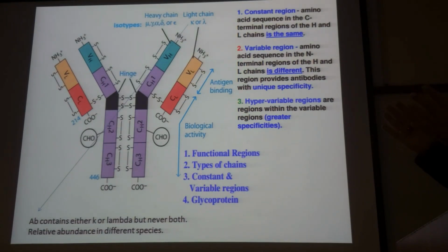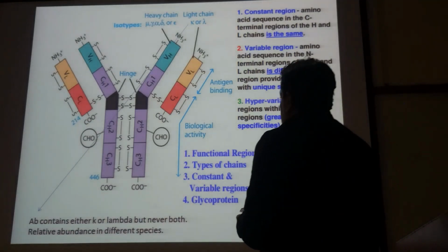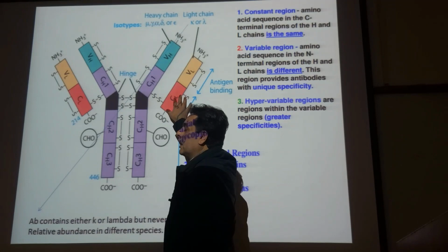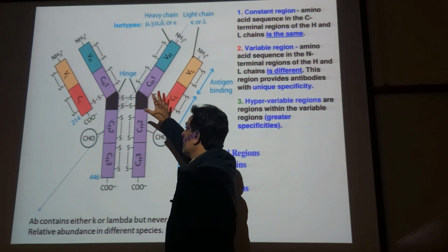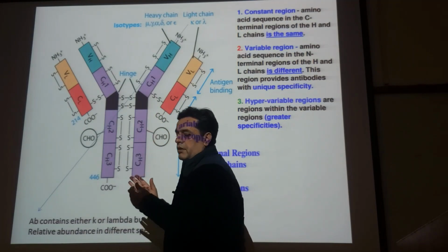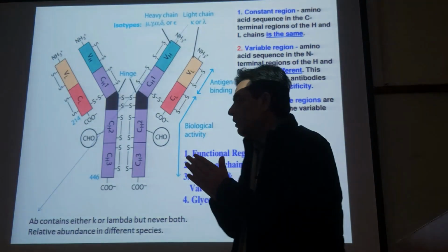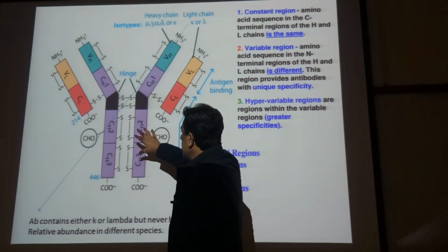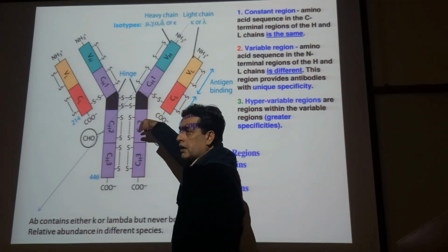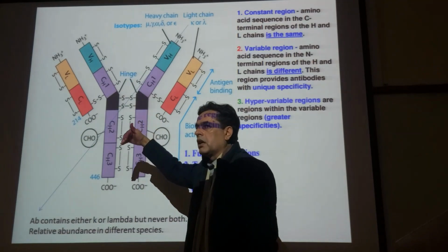Okay, so these are covalent linkages that are actually linking the polypeptides here with the polypeptides here. The light and heavy polypeptides are all joined together, and their segments join with each other through the disulfide linkages. So these are covalent linkages.